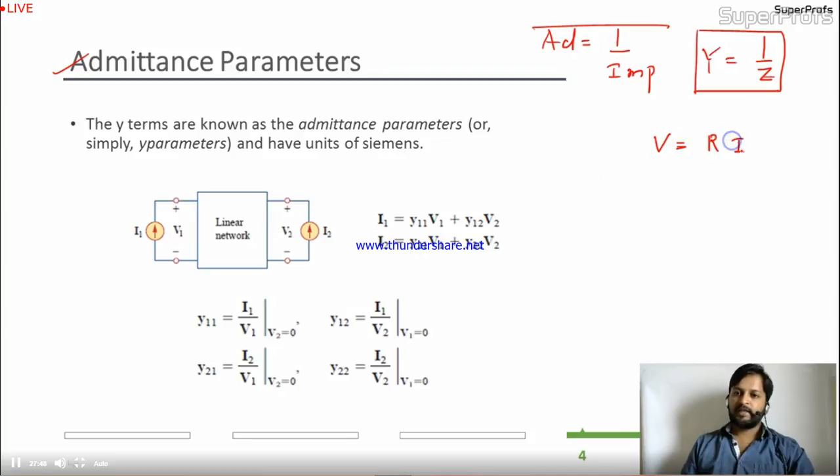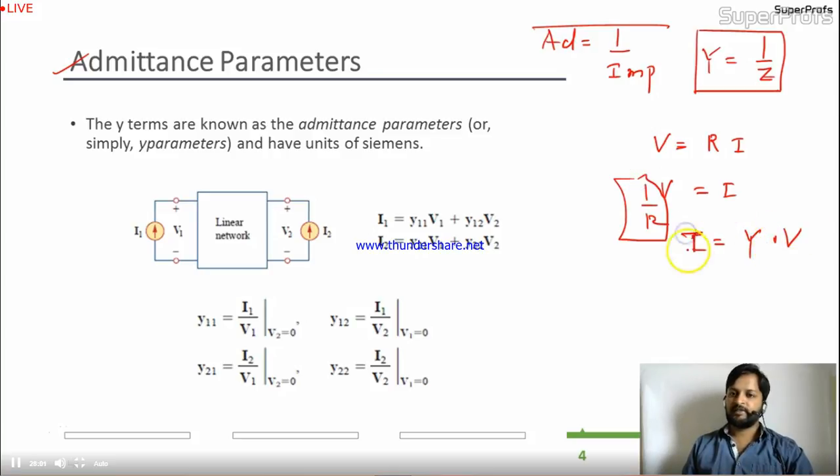V equal to RI, right? So V by R equal to I, so I can write I equals Y times V. The equation will be like this: I1 equal to Y something times V, and so on. The equation will be I equal to Y V.